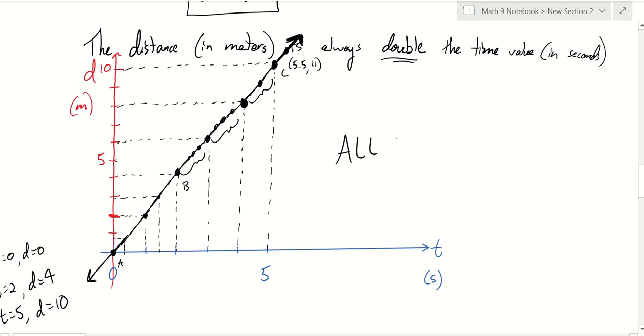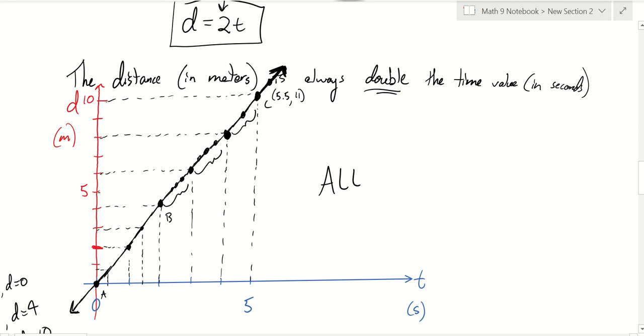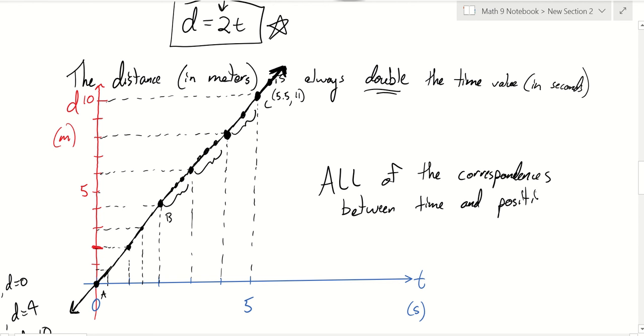And another way to really show all of these correspondences we've already done, it's this equation right here. So all of the correspondences between time and position are shown by this graph, and by this equation.